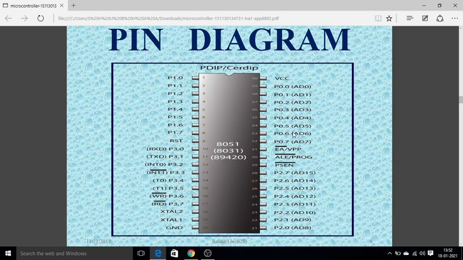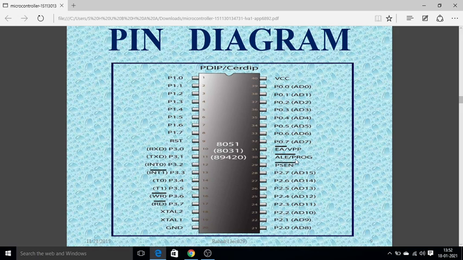And here is the address latch enable, and whenever this address latch enable is high, then the lower byte of memory will be selected. Lower byte means that of the 16-bit address, that is A0 to A15, the lower byte of address, that is A0 to A7, will be selected whenever this address latch enable is 1.